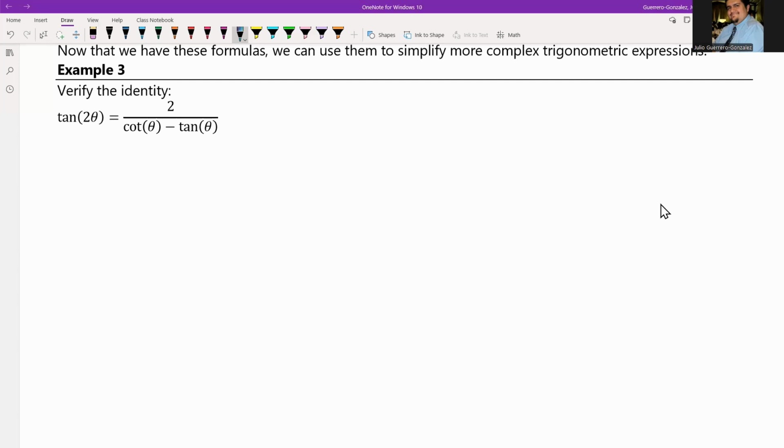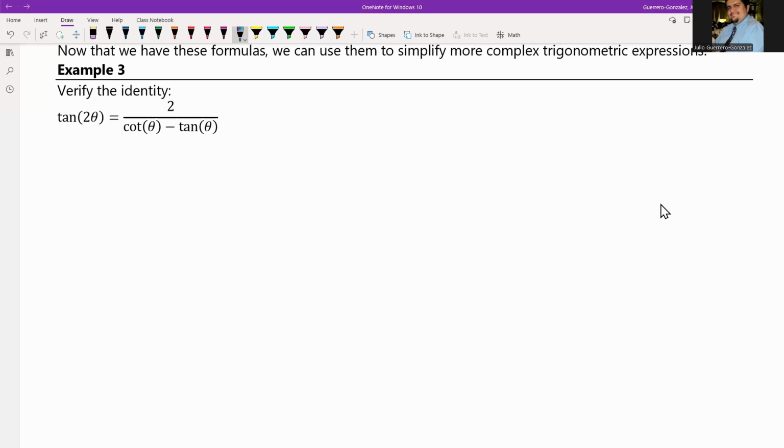You want to grab either the left, turn it into the right, grab the right, turn it into the left, grab both ends and make them into a common sort of thing, or reduce it all down to a common trigonometric identity. Hopefully you see the best way to do this one is to mess with that right-hand side. The right-hand side is the messiest side in this case. It's got more space to play with.